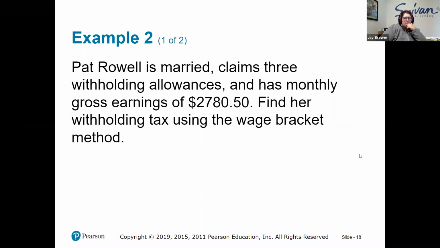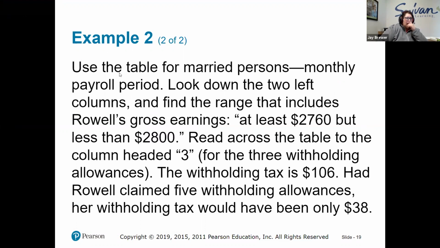All right, so this one is stating Pat Roll is married, claims 3 withholding allowances, and has a monthly gross of $2,780.50. Find her withholding tax using the wage bracket method. Okay, again, you have to use the table. You're going to look for monthly payroll. You're going to look for where their earnings fall.